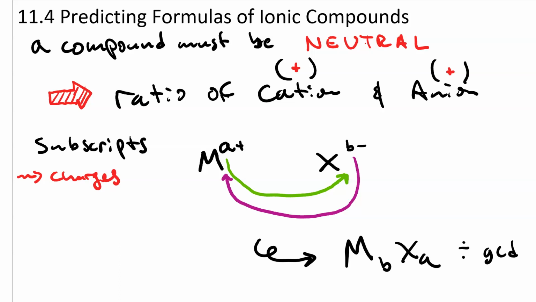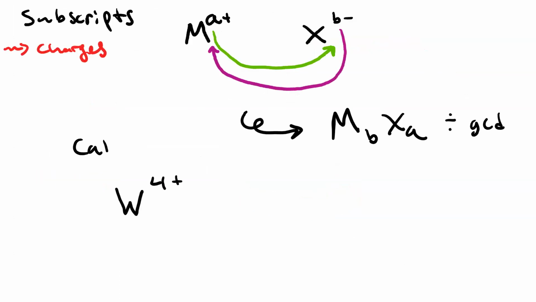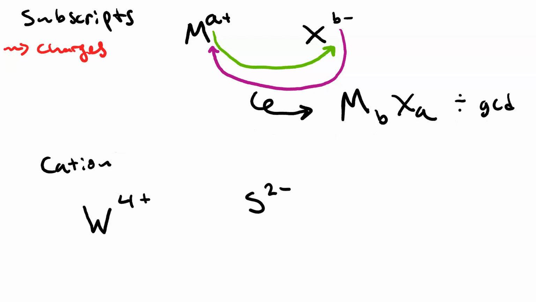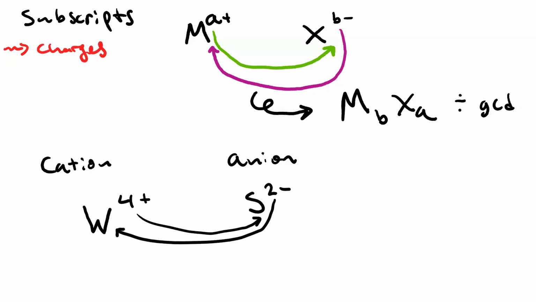Let's look at an example. Let's say our cation is tungsten 4+, symbolized by W4+. Let's say our anion is sulfide, S2-. We start out by switching the charges for subscripts. So, this gives us W2S4.